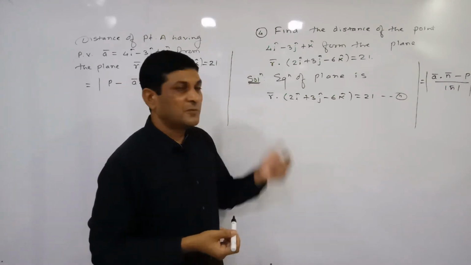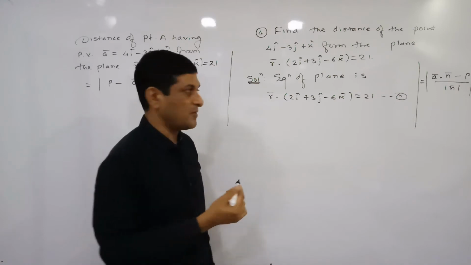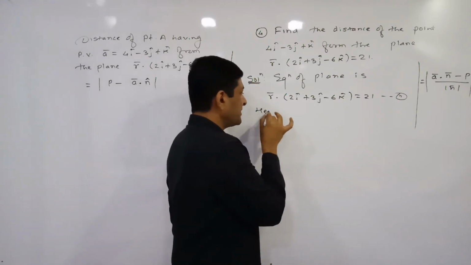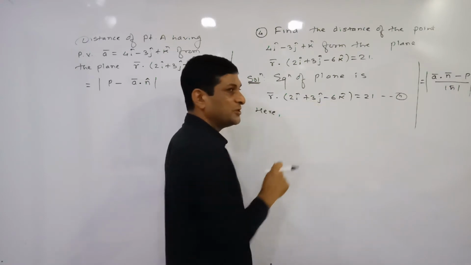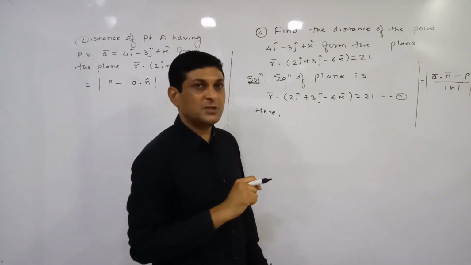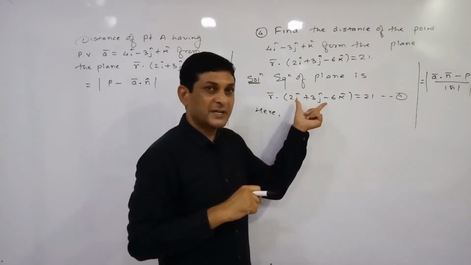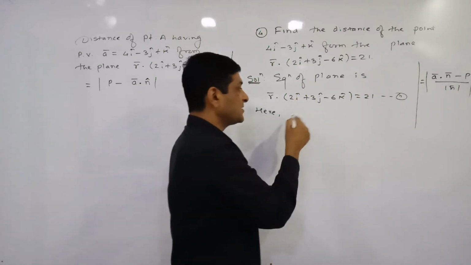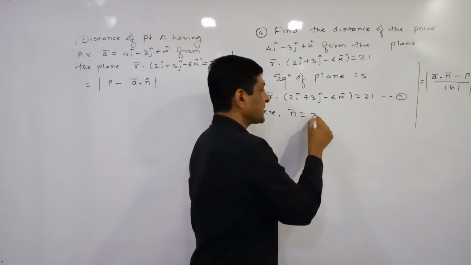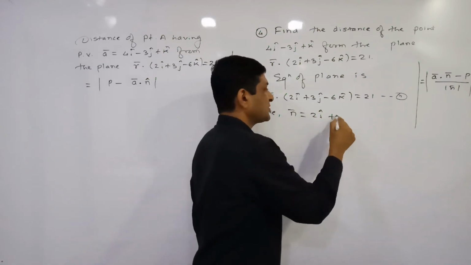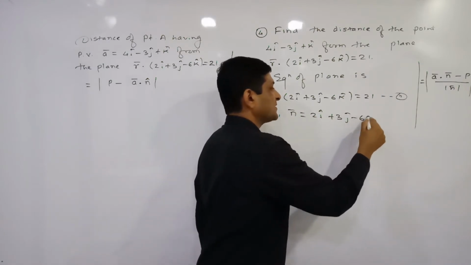So now we are converting this equation into normal form. To convert it into normal form, we have to convert this vector into a unit vector. To convert it into a unit vector, we have to divide this vector by its magnitude. So let us denote this vector by n bar equals 2i cap plus 3j cap minus 6k cap.